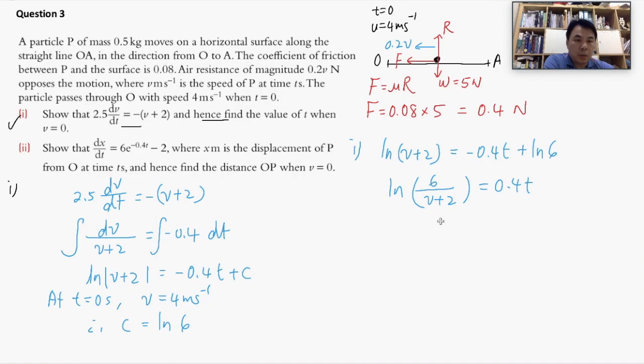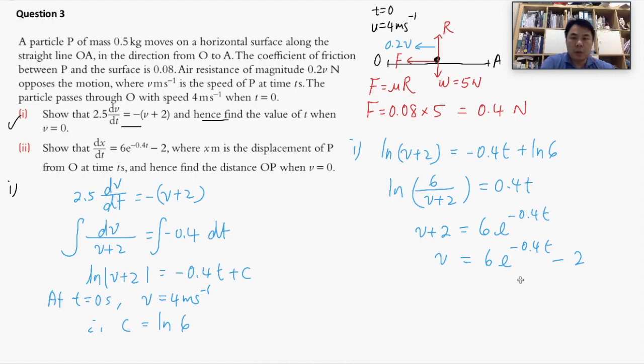And then, let's see what we have here. So v plus 2 will be 6e to the negative 0.4 t. Therefore, v is equal to 6e to the negative 0.4 t minus 2 here.